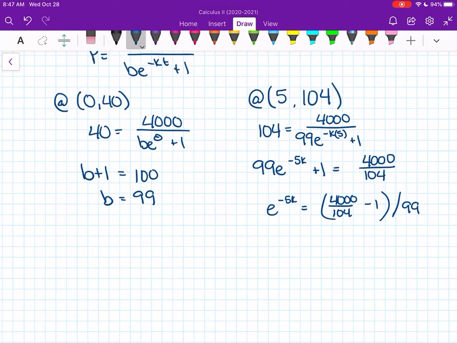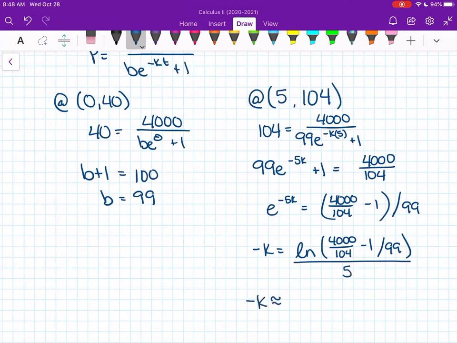And then I'm going to take the natural log of that and divide by negative 5. I'm just going to solve for negative k, because I know it's negative k in my formula. So negative k is the natural log of 4,000 divided by 104 minus 1, all over 99, all of that divided by 5.